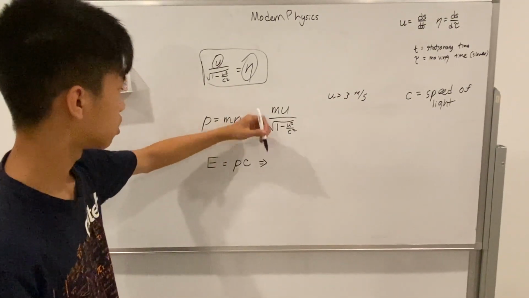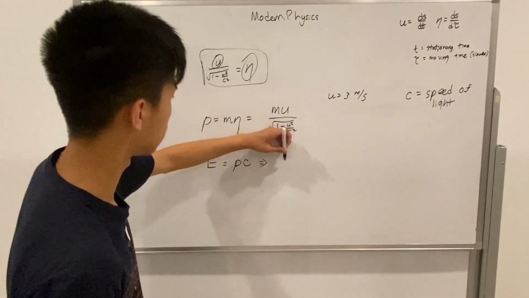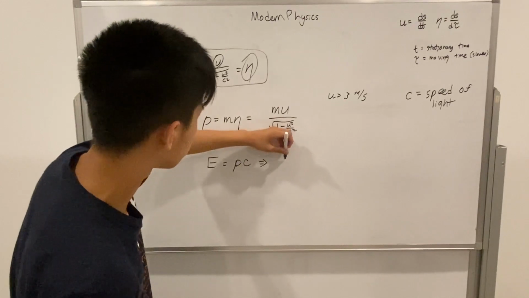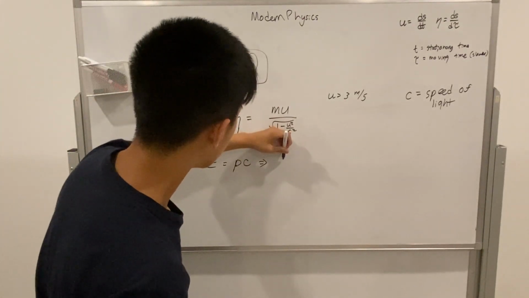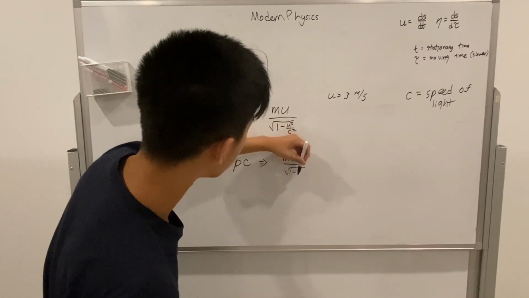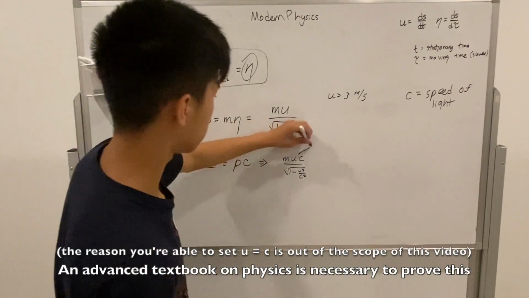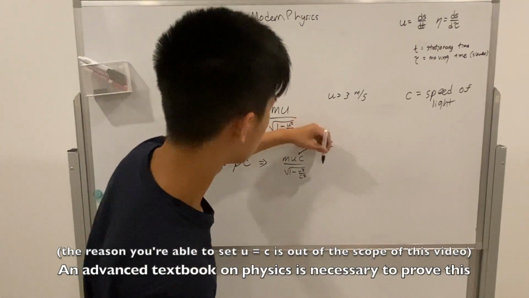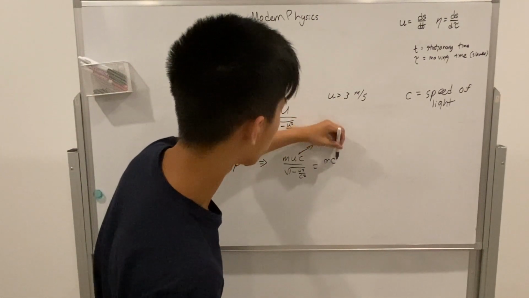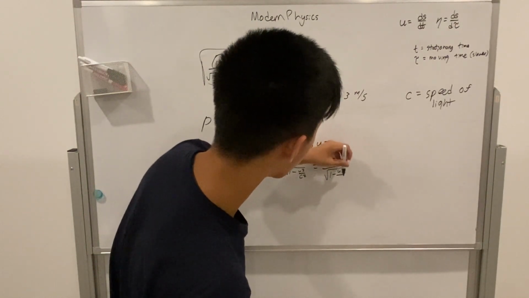So if you're able to multiply these two together, you'll find that this is equal to mu c over 1 minus u squared over c squared. Then this can turn into c. This becomes mc squared over square root of 1 minus u squared over c squared.